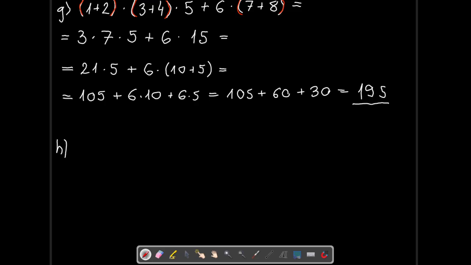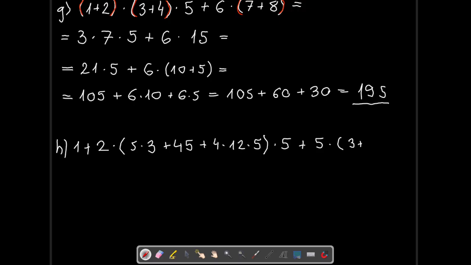Example H. We have 1 plus 2 times 5 times 3 plus 45 plus 4 times 12 times 5, times 5 plus 5 times 3 plus 2 plus 9 times 1.